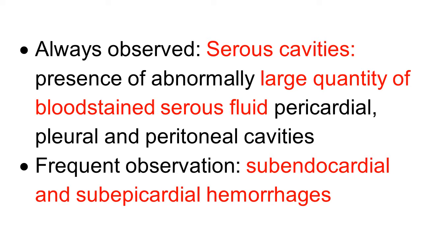This is because of the damage to the vascular system by the toxin. A frequent observation by the pathologist is subendocardial and subepicardial hemorrhages. So this is heart pathology, which is very serious and causes death of the animal.